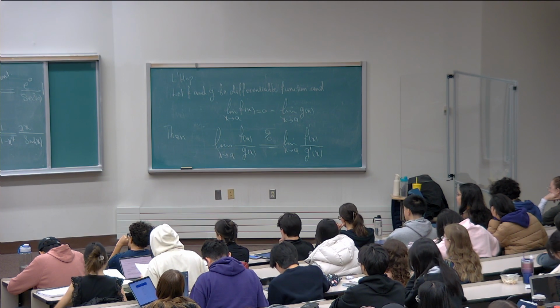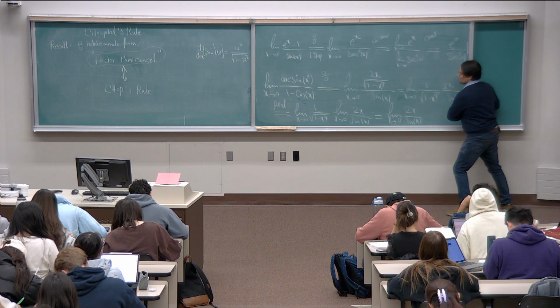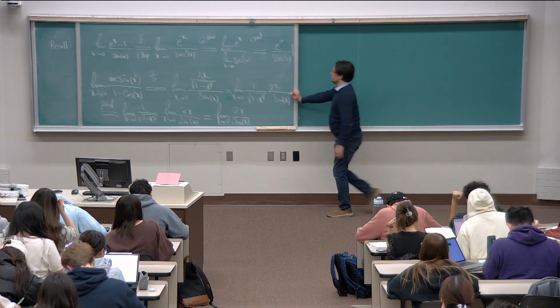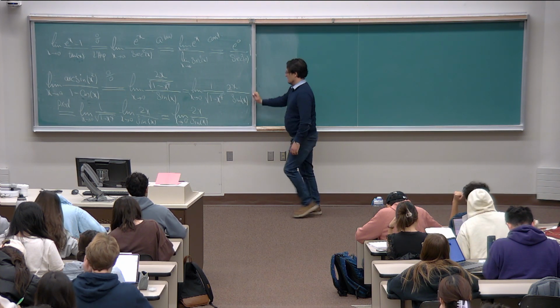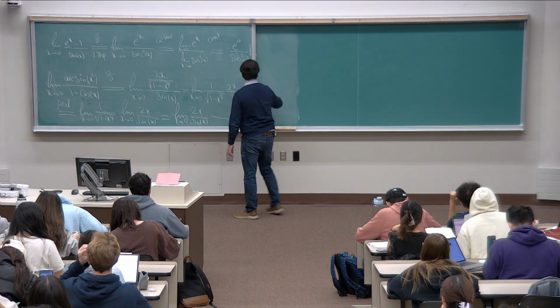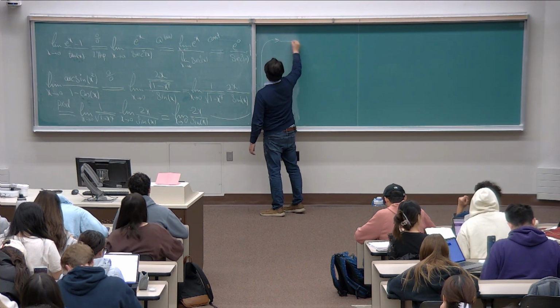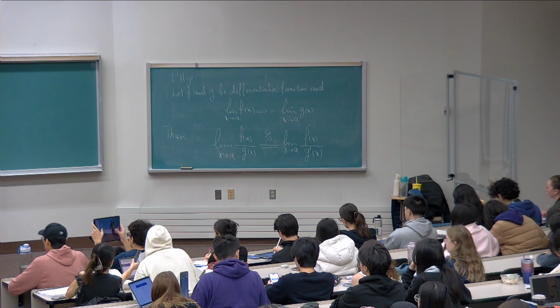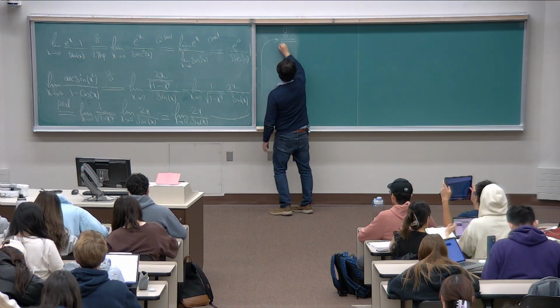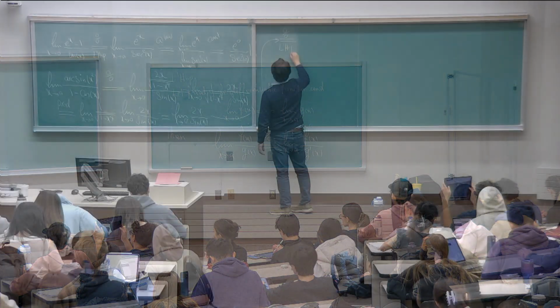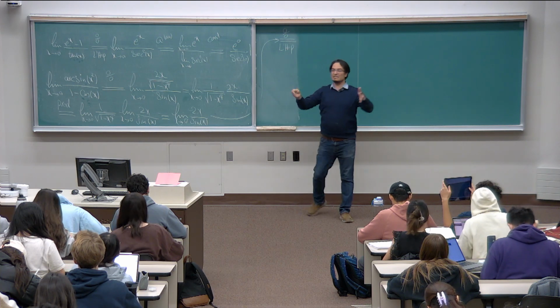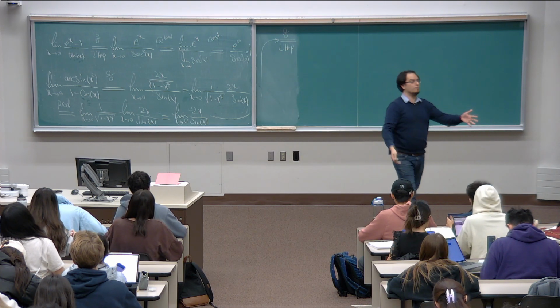Now I have another limit that I need to evaluate. And I see that this is another 0 over 0. I can use L'Hopital. I see it is 0 over 0. It's very important.